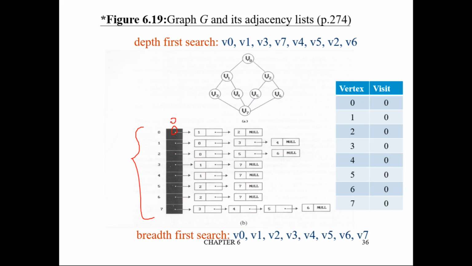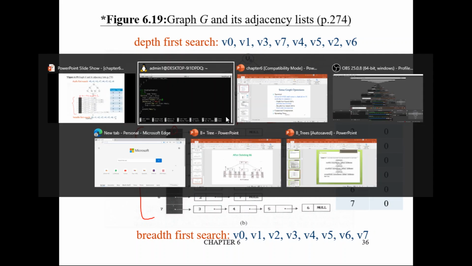So after one iteration of the outer loop, it will display like this: 0 to 1, 1 to 2, 2 to null. But actually our understanding is there is a pointer from 0 to 1 and a pointer from 0 to 2, that is, an edge from 0 to 1 and an edge from 0 to 2. Okay, right. So this is one entry.